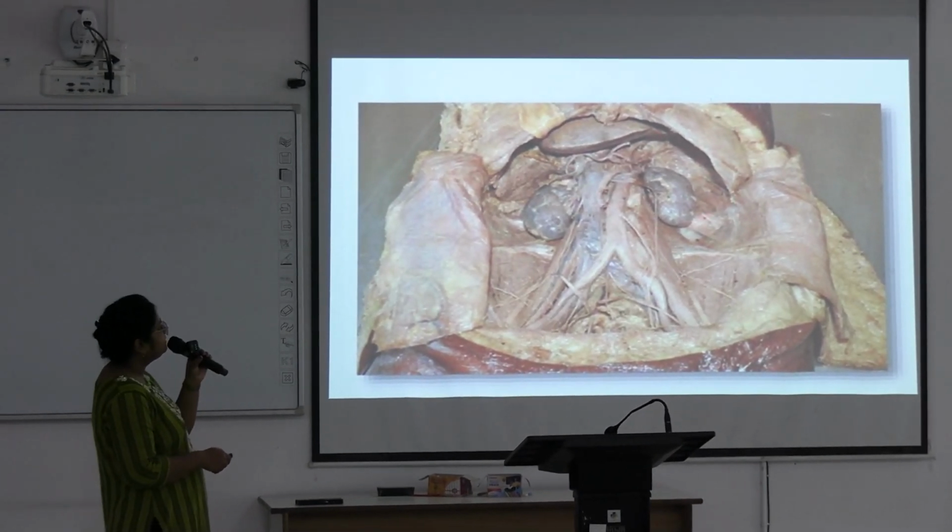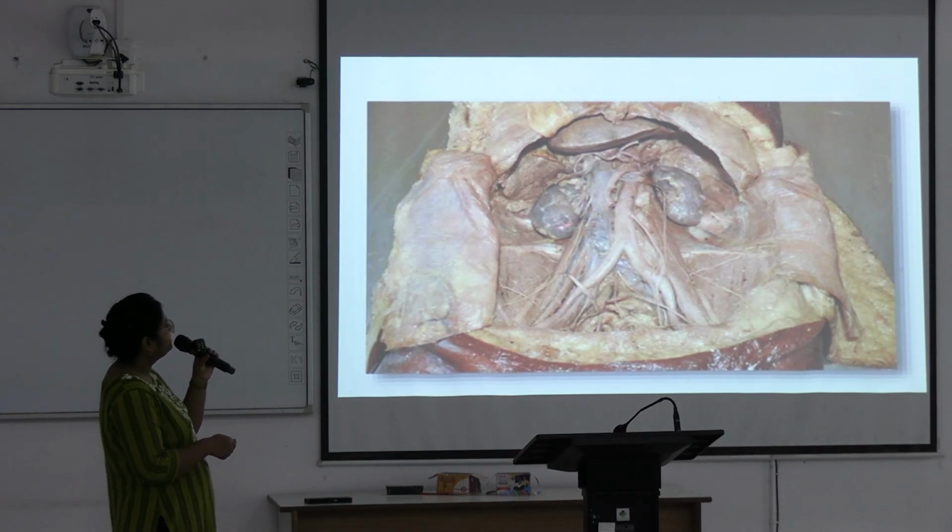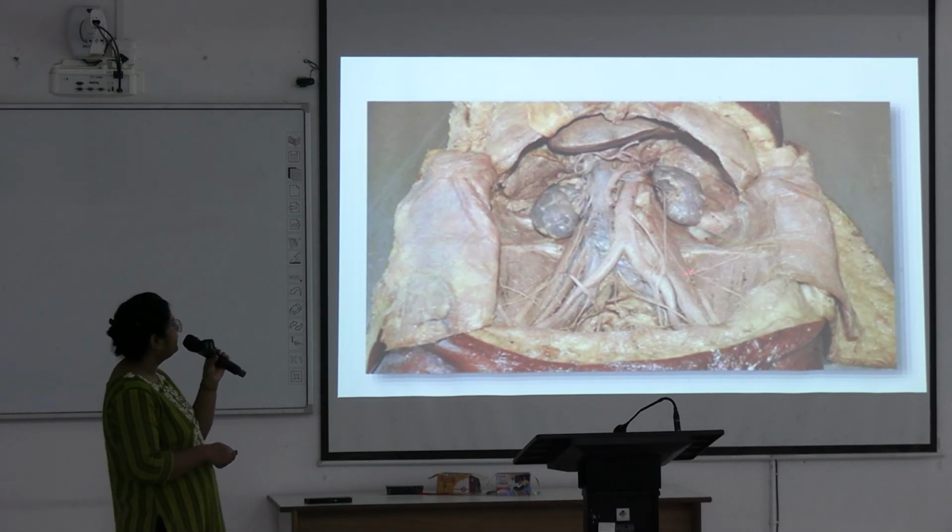These are the two kidneys, okay, and from the kidneys, this part is the ureter. These are the psoas major muscles. Here is the iliacus muscle. Here is quadratus lumborum muscle, okay, and here lie these branches of the lumbar plexus.